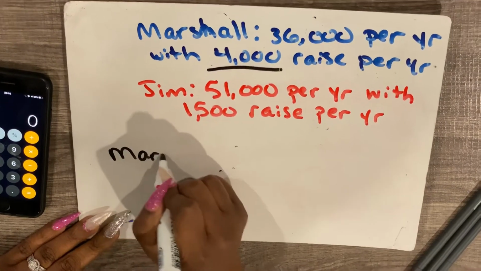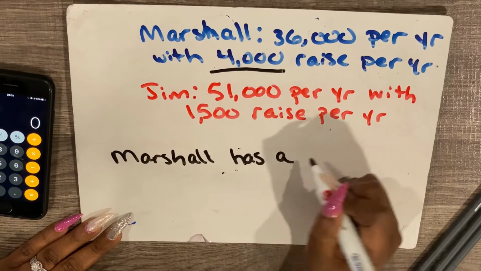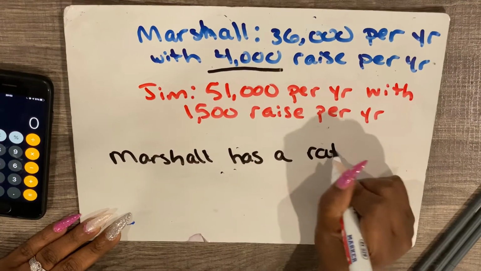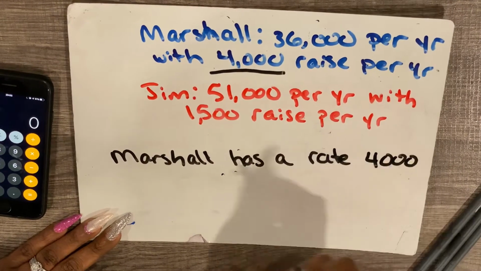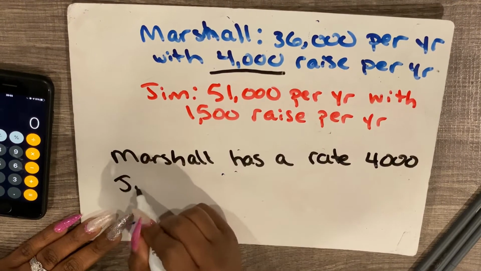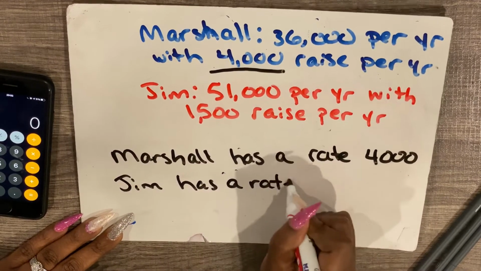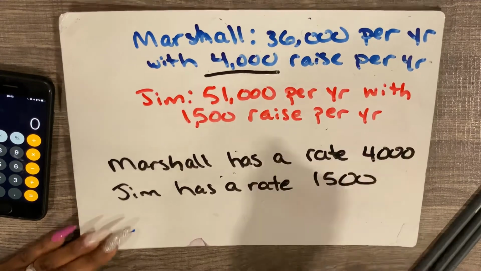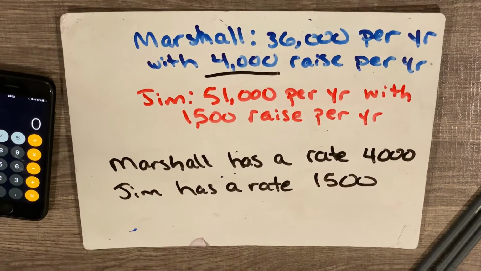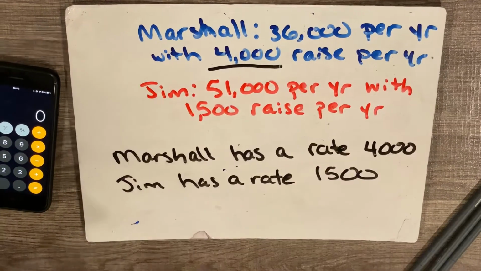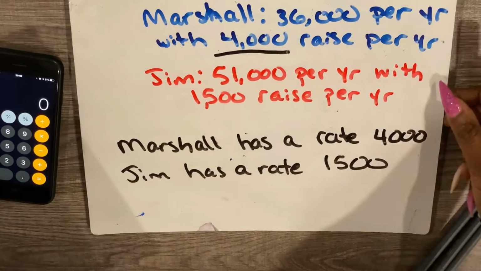So Marshall has a rate of change every year of 4,000. And Jim has a rate of 1,500. Now, how do I take the information from the sheet and the information from this board and create an equation? I'm going to show you.